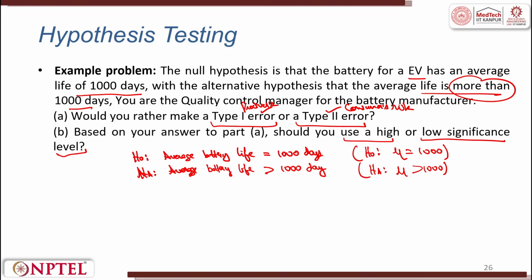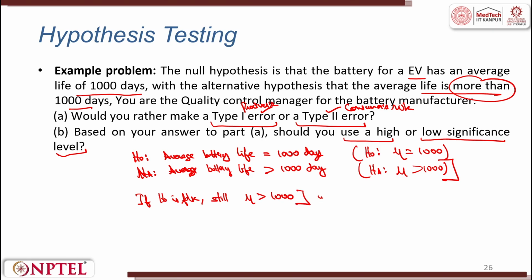Now, type 2 error is consumer risk. Even if the null hypothesis is rejected, still the battery life is more than 1000. That means if H naught is false, still mu is greater than 1000.